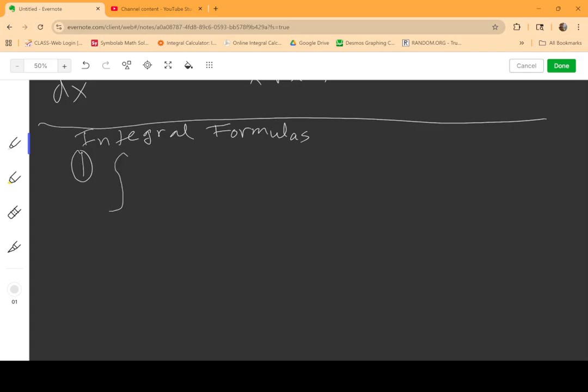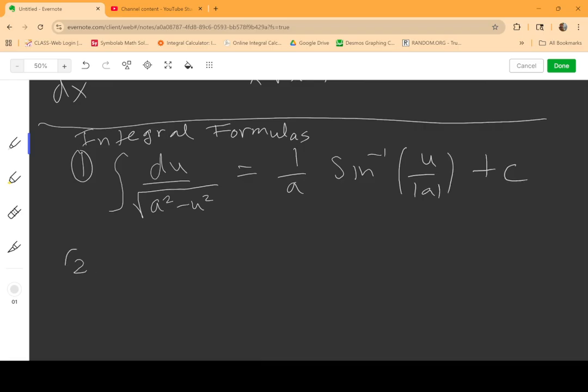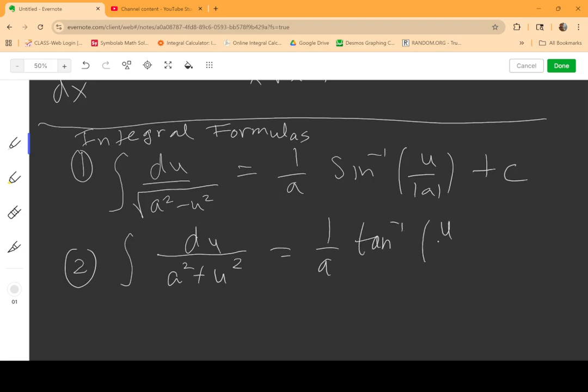So we have the integral du over square root of a squared minus u squared is equal to 1 over a sine inverse of u over the absolute value of a plus c. Our second formula would be the integral du over a squared plus u squared to be equal to 1 over the absolute value of a, this will be our tangent, so 1 over a tangent inverse of u over a plus c.